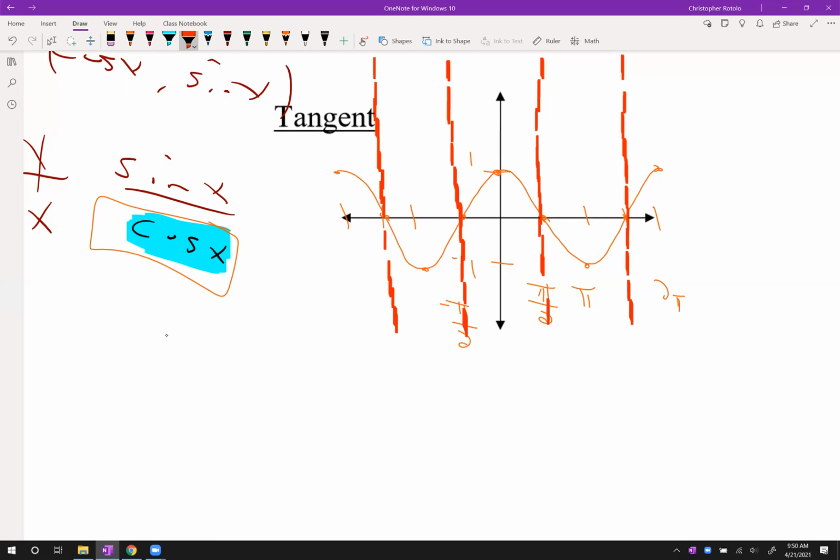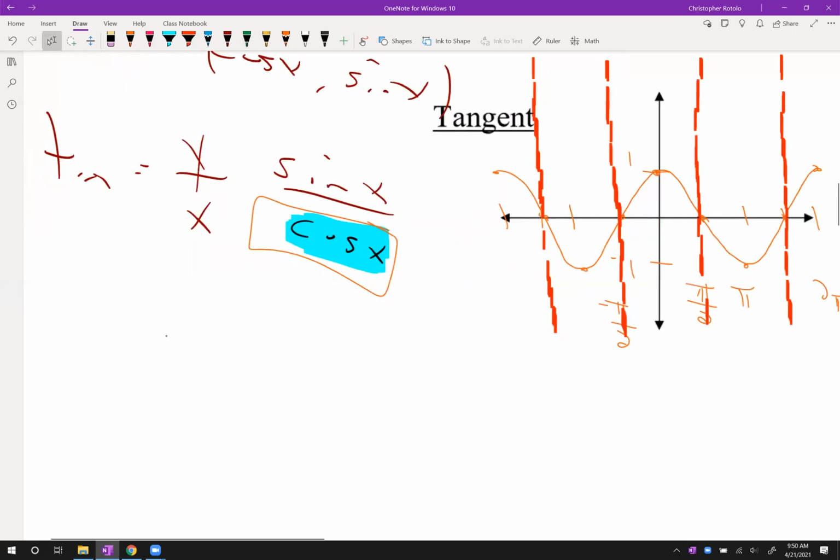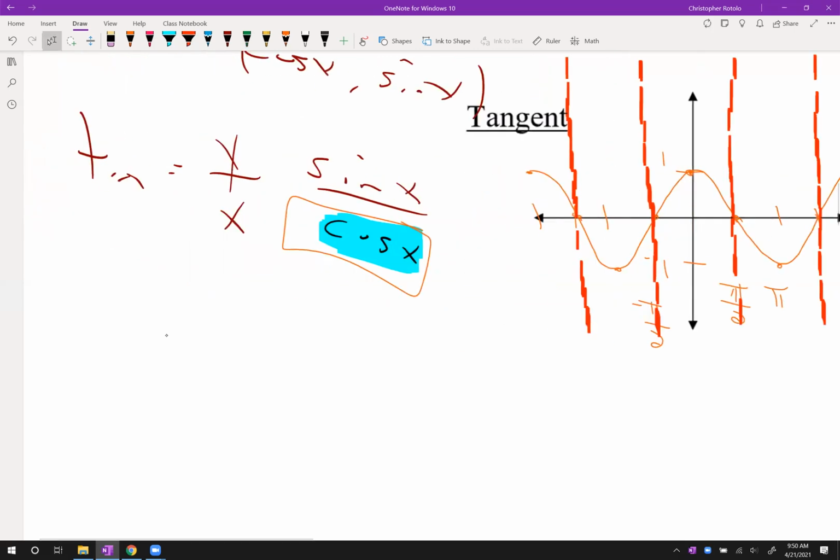And then the next thing we have to realize is what function we're dealing with. Okay, so since I'm dealing with tangent, remember we had square root of 2 over the square root of 2 was at 45 degrees, which was also at pi over 4. So here's my pi over 4, and that's going to hit 1.